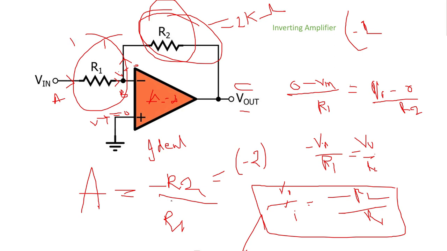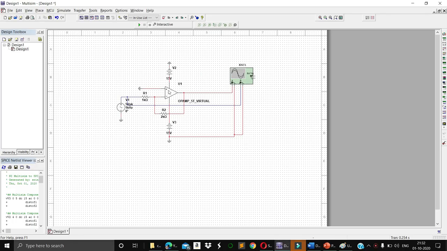Now let us see how this is executed in the Multisim software. Here you can see I have designed an inverting operational amplifier with resistance R1 as 1 kilo ohm and R2 as 2 kilo ohm, with a peak to peak voltage of 5 volts, 1 kilohertz frequency and 0 degrees phase. This is the saturation voltage as well.